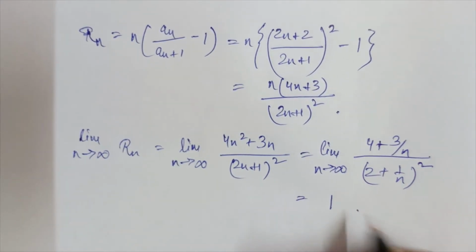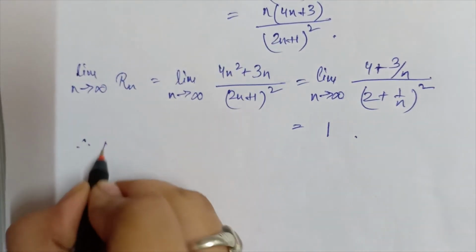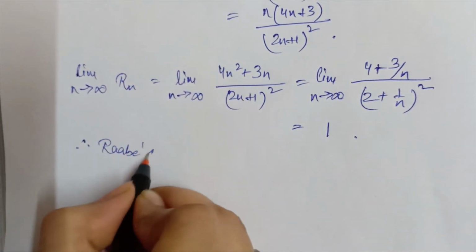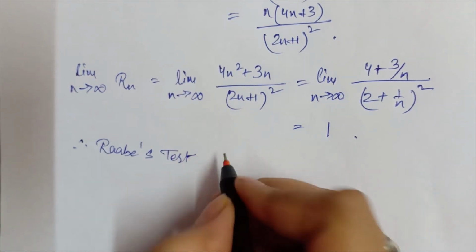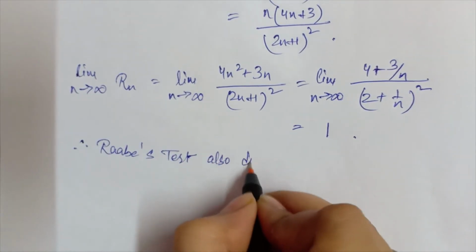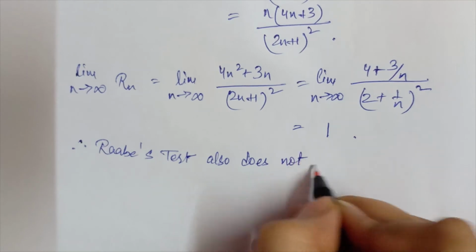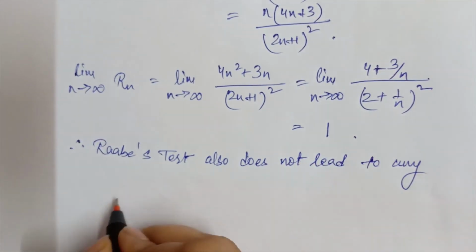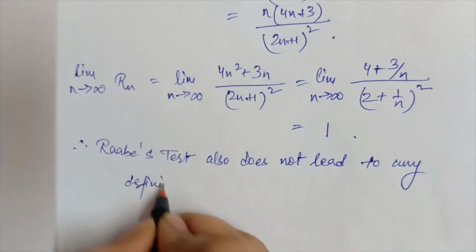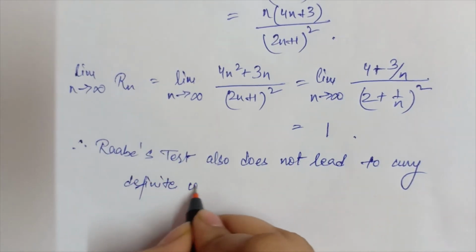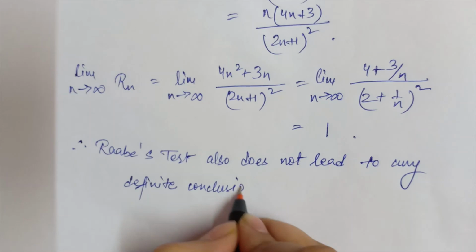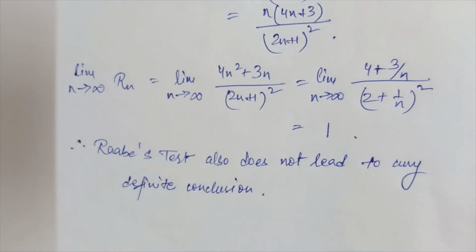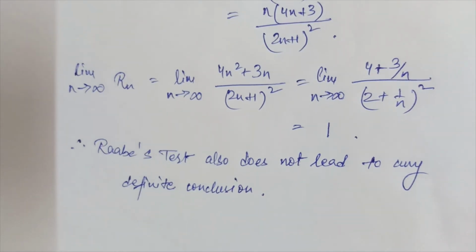Now this gives us 1. So, therefore, Raabe's test also does not lead to any definite conclusion of the given series when x equals 1.